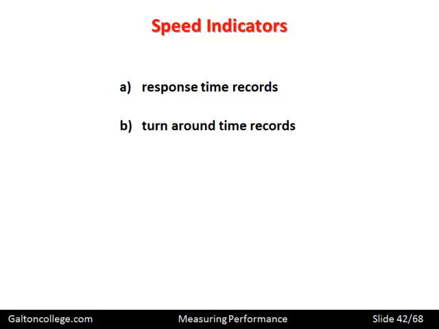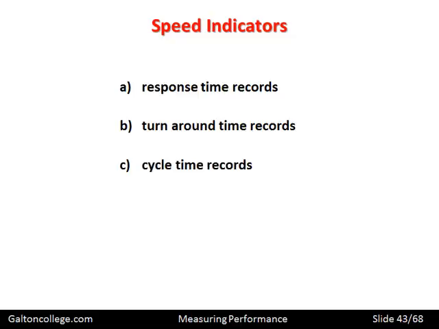How long does it take to turn around a whole job? How long does it take to set up a job, produce it from start to finish, and get it back to the customer? So how long does it take between receiving the order and completing the order? Look through an order from start to finish. How long does it take? And compare that to what happened in the past as well.